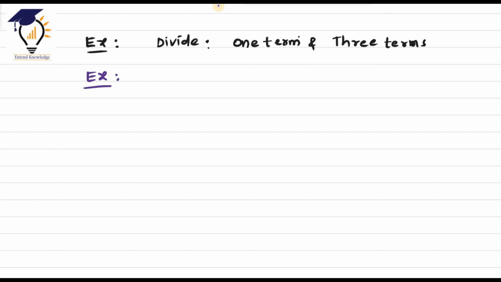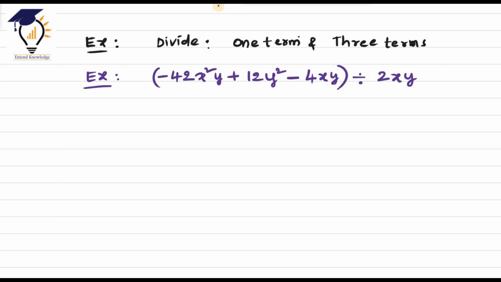Example: minus 42 x square y plus 12 y square minus 4xy, this is divided with 2xy. Let us see what happens if I divide an expression which has 3 terms with 1 term.